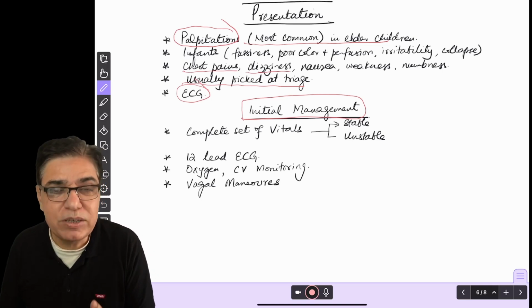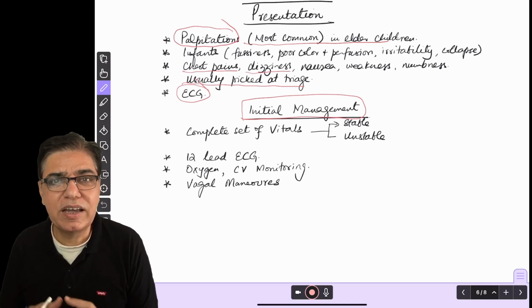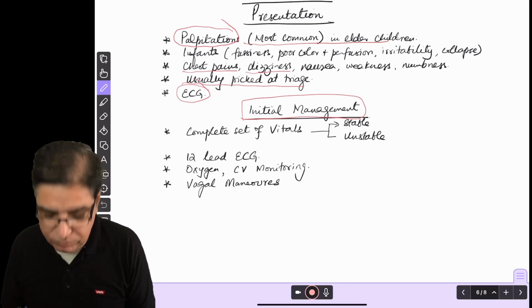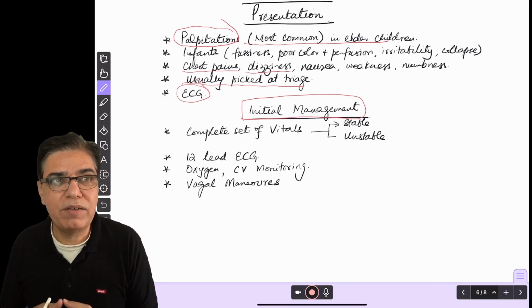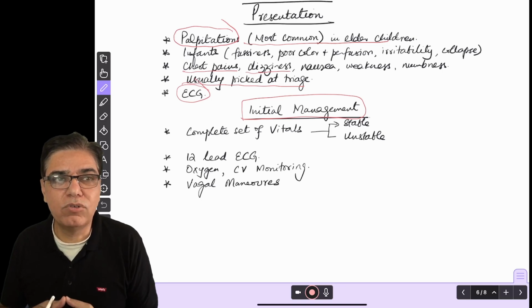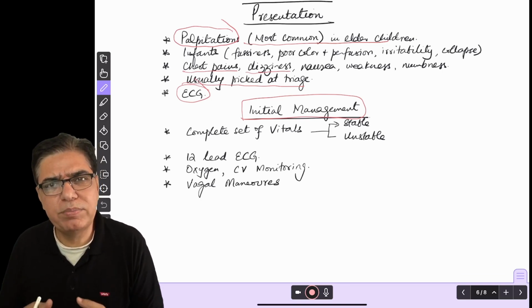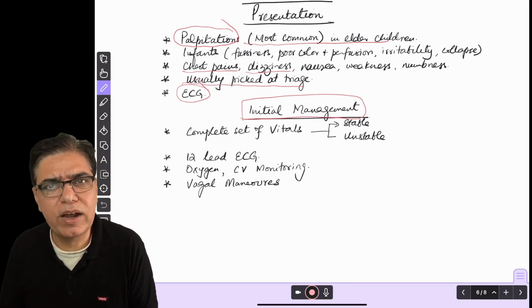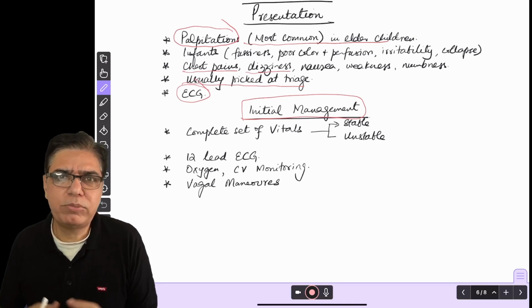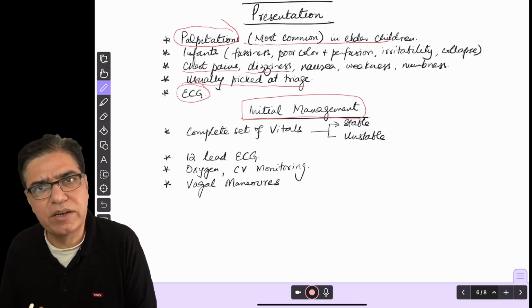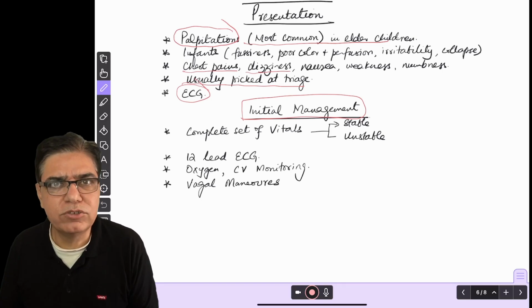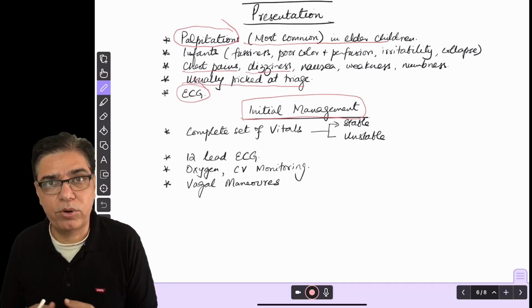These babies would be very fussy and irritable, they might have poor color, so they might have pallor, and they might have cold extremities or mottling of the skin. They might be crying excessively, or sometimes they can frankly present as cardiovascular collapse, like an absolutely fine baby who within minutes or hours just collapses and is brought in as a priority call.